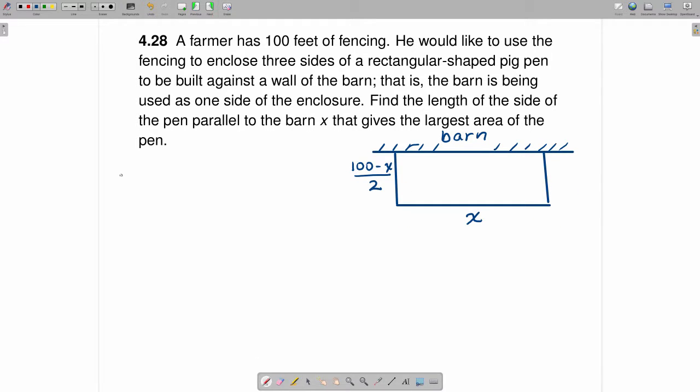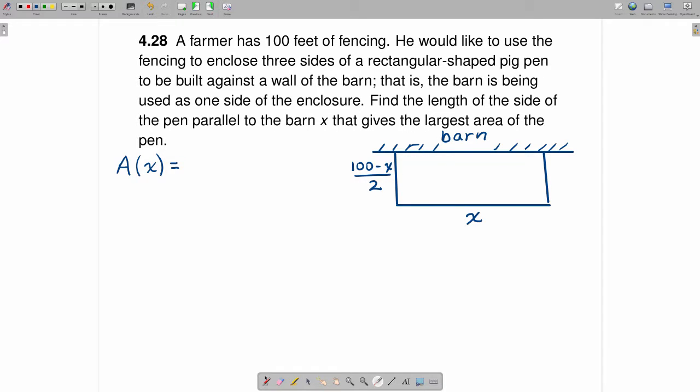So now we can write the area as a function of X, and that'll be written as A of X. We're used to F of X, but because this is an area, it could be A of X. And the area in this case is simply going to be this length times this length.